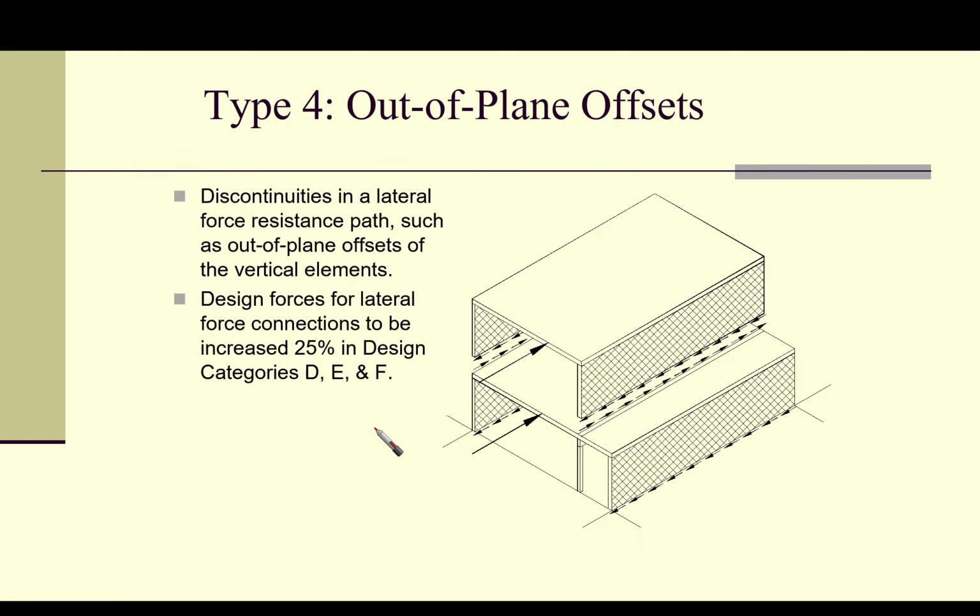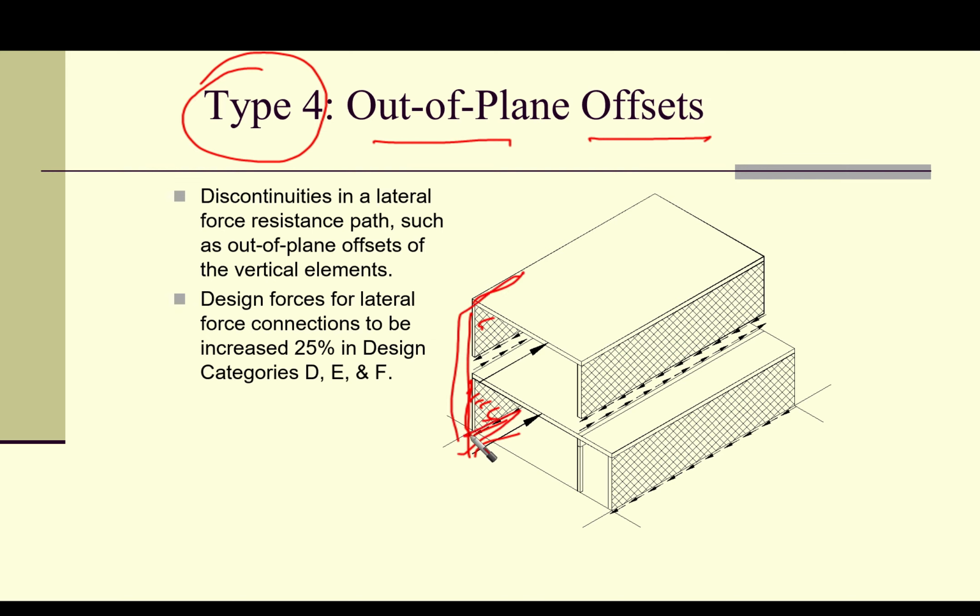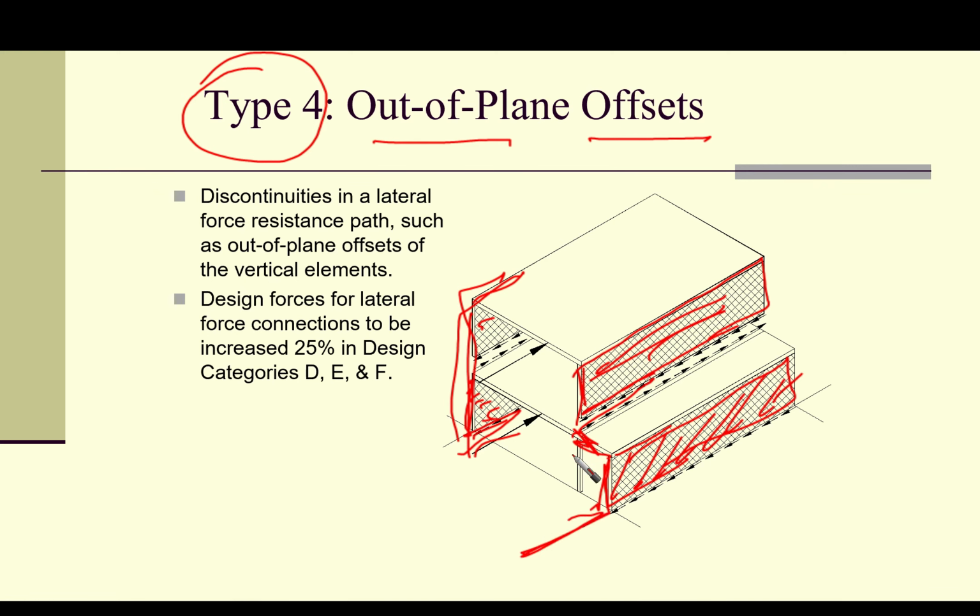Okay, so let's go to the next type of irregularity, which is type 4. We call it out of plane offsets. As you can see here, this is the lateral resisting system. This is okay, no problem, because there are no offsets here. But the problem here is that there is an offset, and the lateral resisting system is shifted from this axis to another axis.